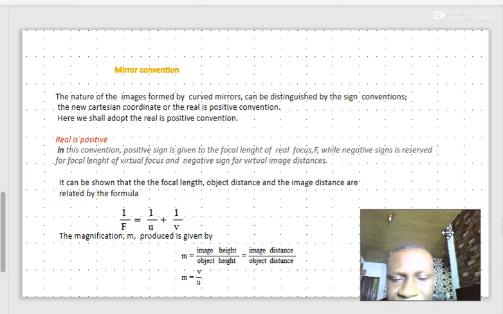That's the one we are going to deal with, the new Cartesian coordinate system.